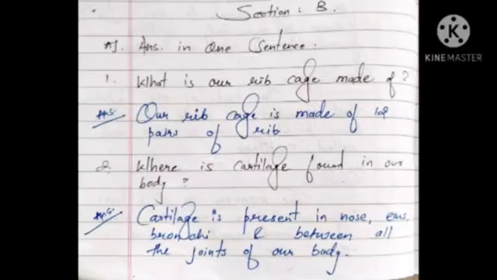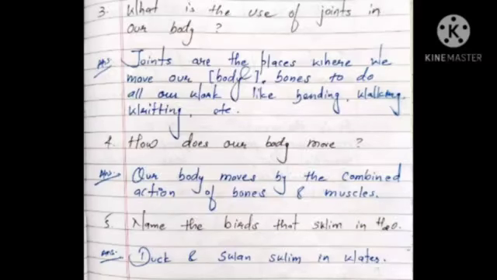So moving towards chapter number 8, Section B, answer in one sentence, and the first one is, what is our rib cage made of? And the answer is, our rib cage is made of 12 pairs of ribs. Second question is, where is cartilage found in our body? And the answer is, cartilage is present in the nose, ears, bronchi and between all the joints of our body. Third one is, what is the use of joints in our body?